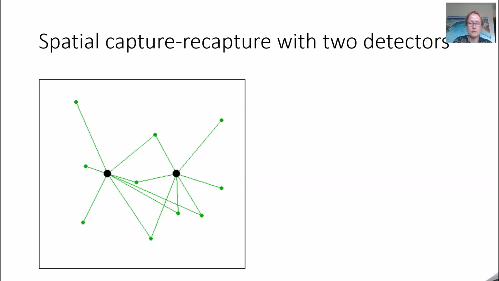In the meantime, new versions of these methods have been developed, like these here, where capturing is no longer necessary. All you need to do is to detect the animal and match your detections across detectors. What I mean with the word matching is that you need to be able to tell if an animal detected by a detector was also detected by another detector.